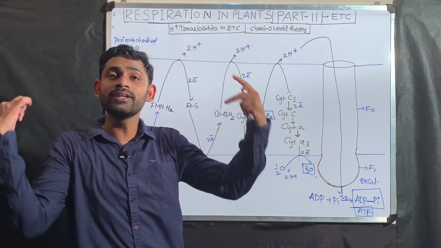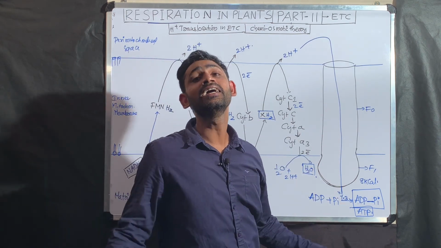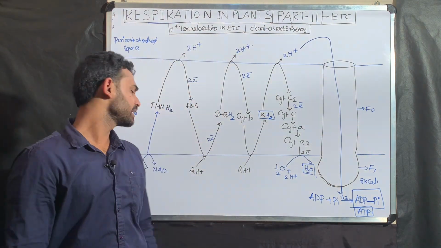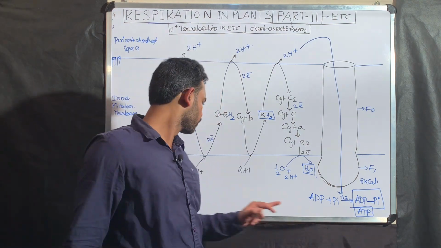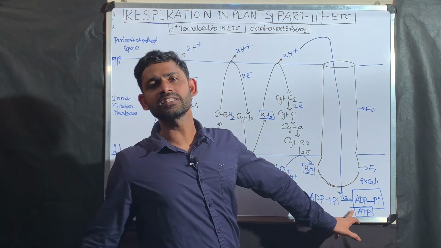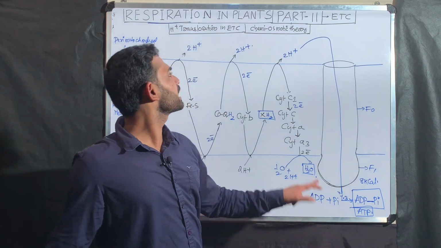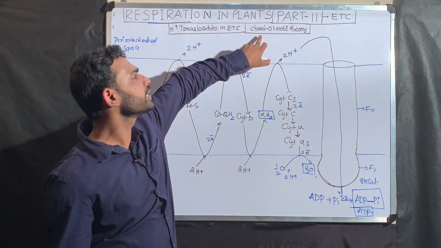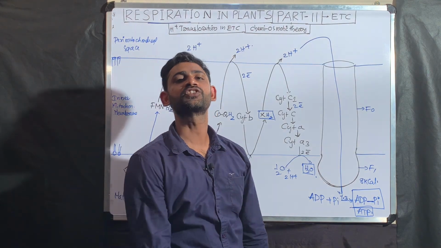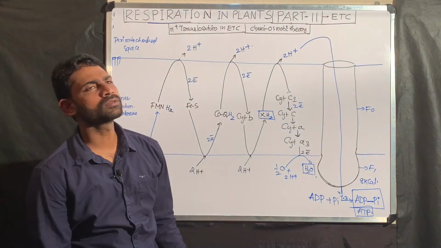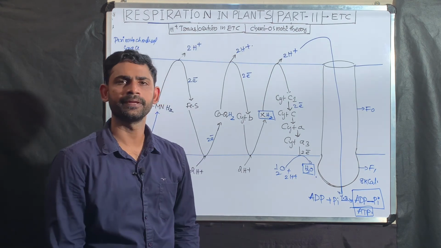That proton difference creates the ATP difference. That is why 1 NADH2 gives 3 ATP, and 1 FADH2 gives 2 ATP. This is explained through a great theory, the chemiosmotic theory proposed by Peter Mitchell. This is about the electron transport chain.